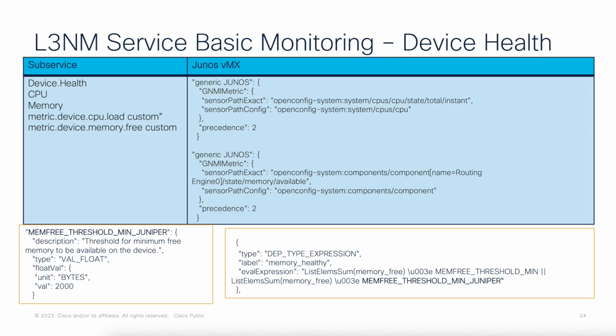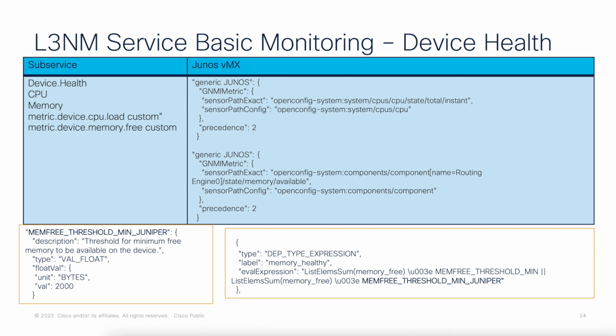And the way you do it is you edit these files called metric to device.cpu.load, and then you add a block for Junos, because we can detect that this router is Junos type using a query to the SNMP system MIB parameter, which we do for all devices.